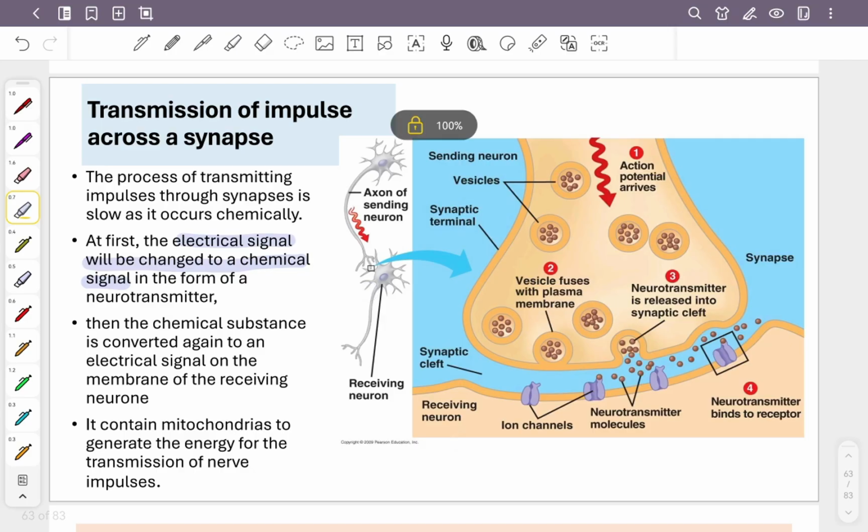Then the chemical substance is converted again to an electrical signal on the membrane of the receiving neuron, which is here. Means here it is electric, here it is chemical, then here it becomes electric again. It contains mitochondria because it needs energy. Understand?